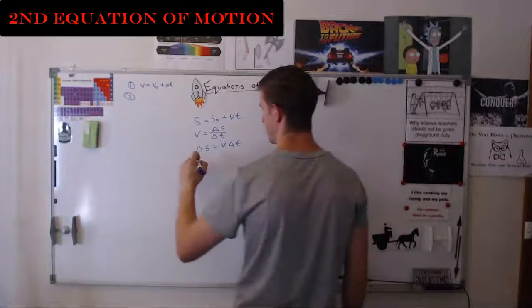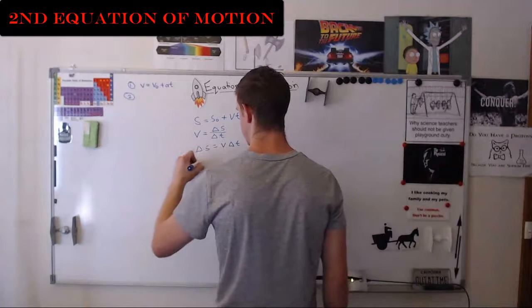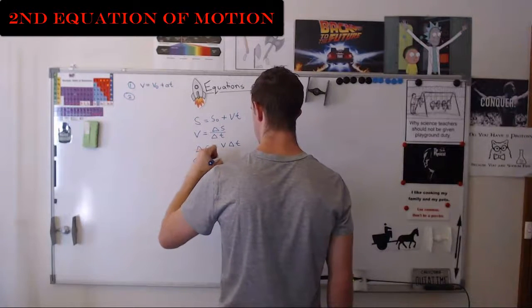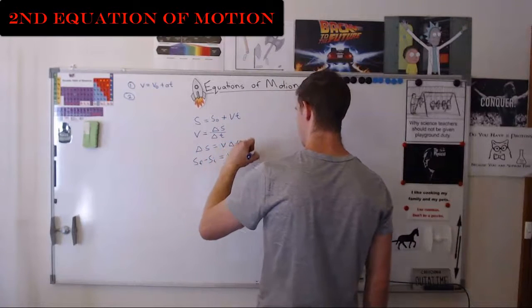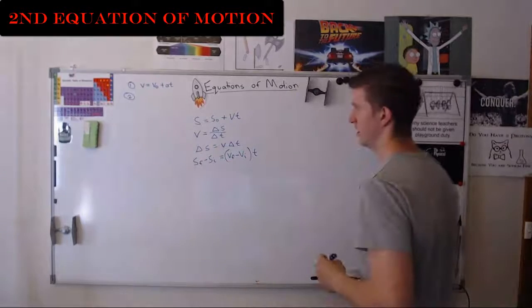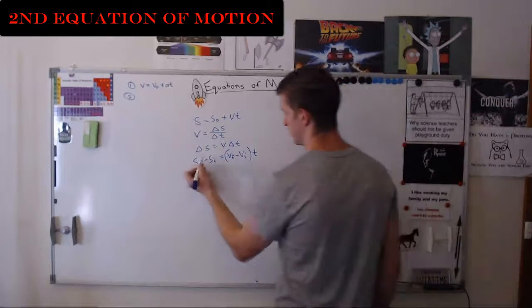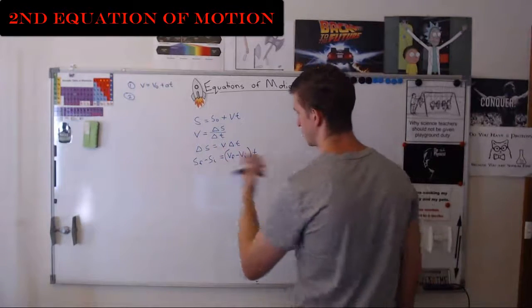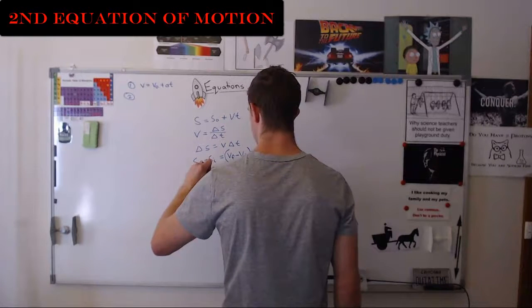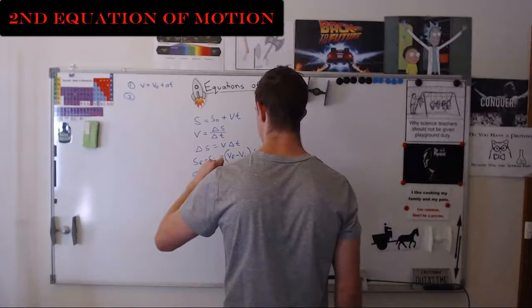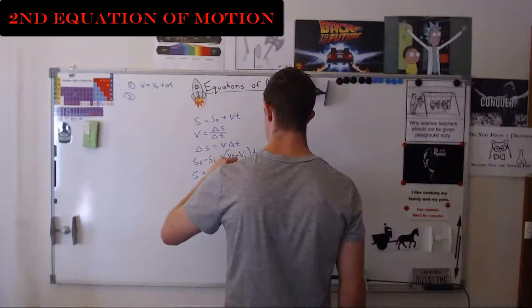But if I expand this out, this is S final minus S initial equals V final minus V initial times time. And I only want my final distance. So I can rearrange, move this across, and I get that distance is equal to SI plus velocity times time.